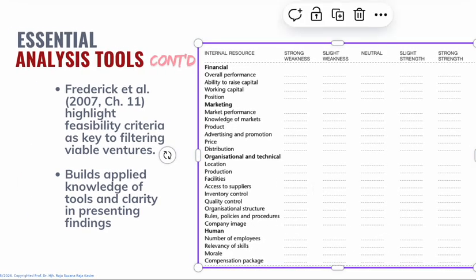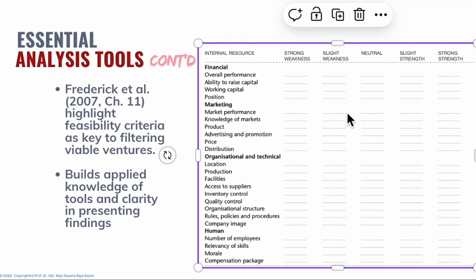You can see this grid on the slide, which allows entrepreneurs to classify each resource as a strong strength, slight strength, neutral, slight weakness, or strong weakness.